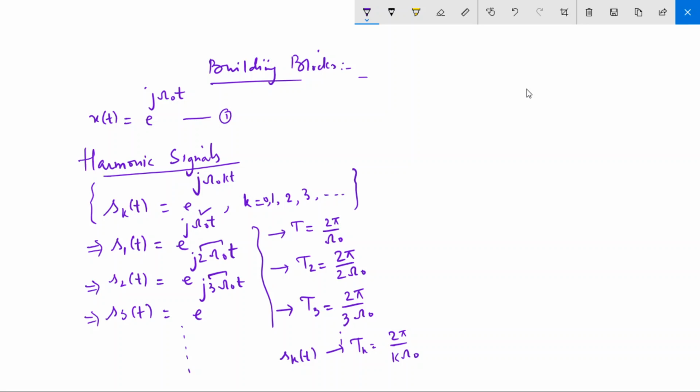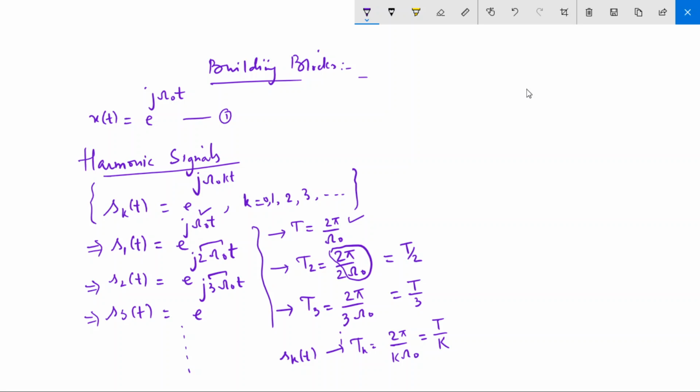If 2 pi by omega naught is T, I can write T_2 as T by 2, T_3 as T by 3, or in general T by k. So the first signal has a fundamental frequency omega naught, its time period is 2 pi by omega naught. The second signal has a frequency which is double of this, and its time period will be half. Similarly, for 3 omega naught frequency, T by 3 will be the time period.